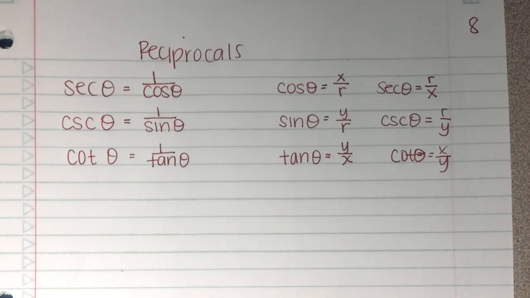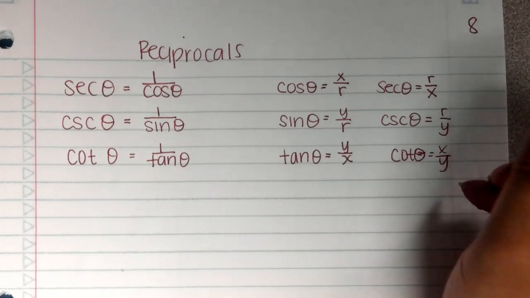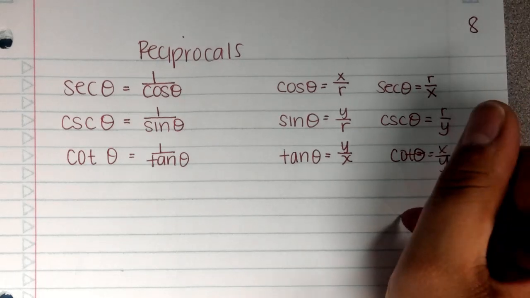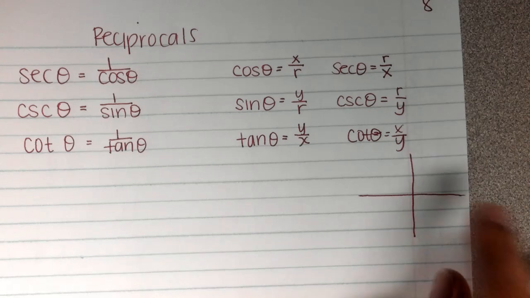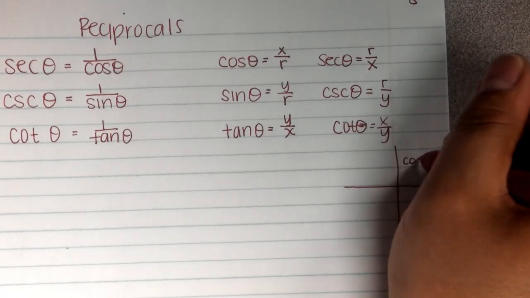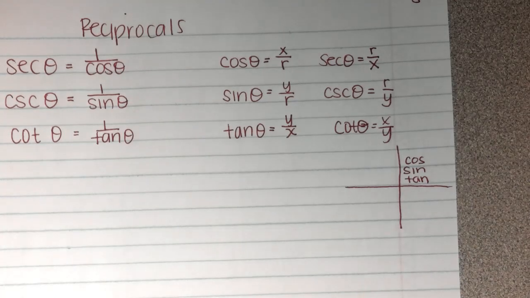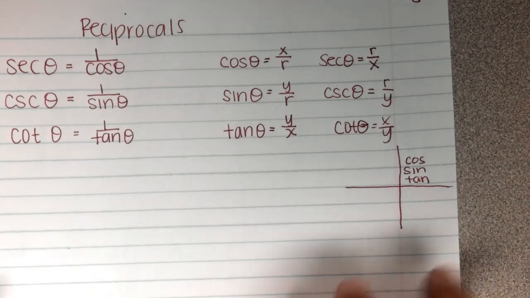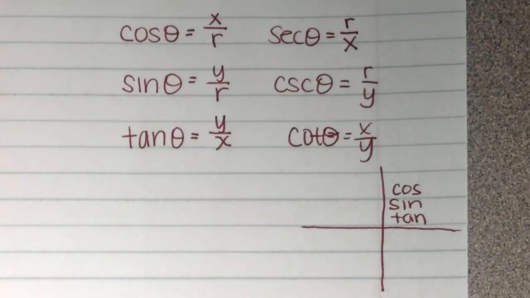Okay, and just like our basic trig functions, do you agree that in my first quadrant, cosine, sine, and tangent are all positive? Okay. The same thing applies for the reciprocals.